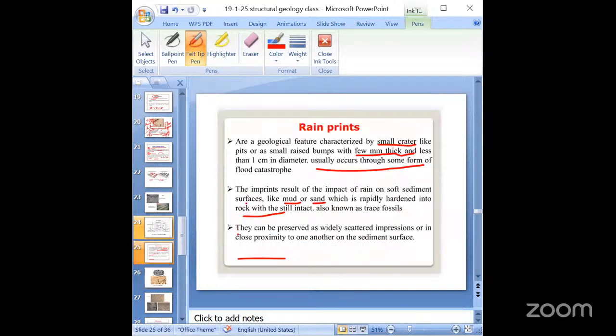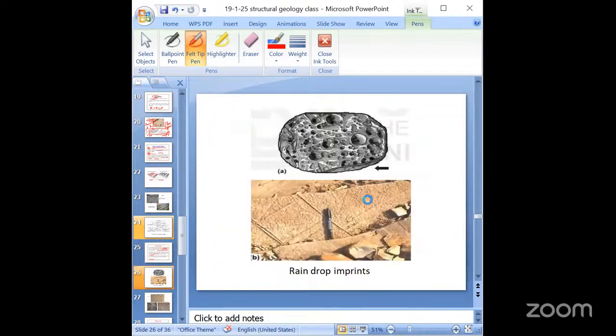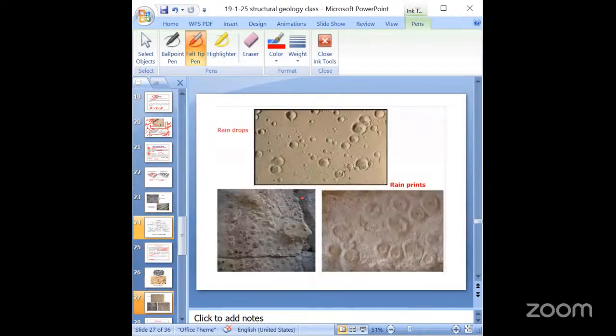They can be preserved as widely scattered impressions or in close proximity to one another on the sediment surfaces. Now you see these are the real pictures of the raindrop imprints. You see this one.